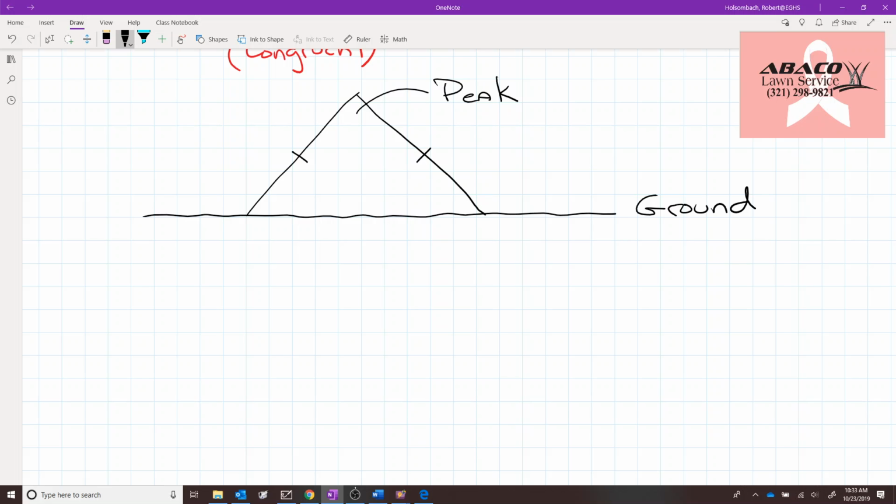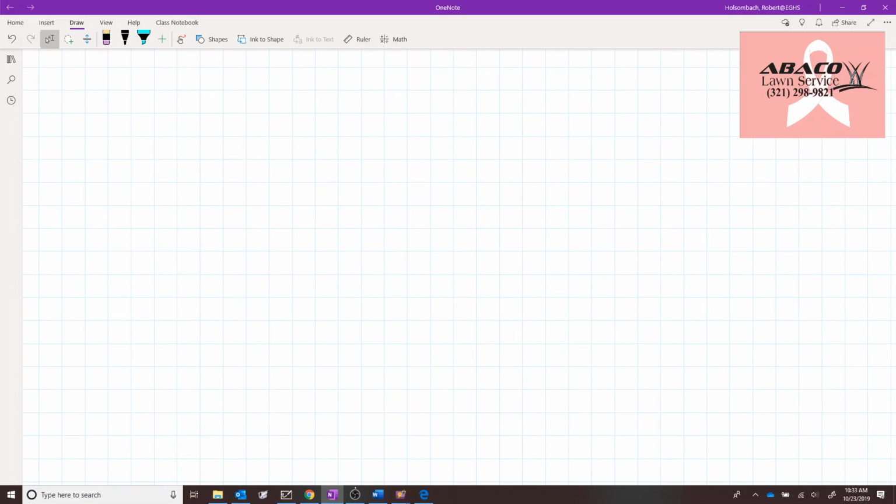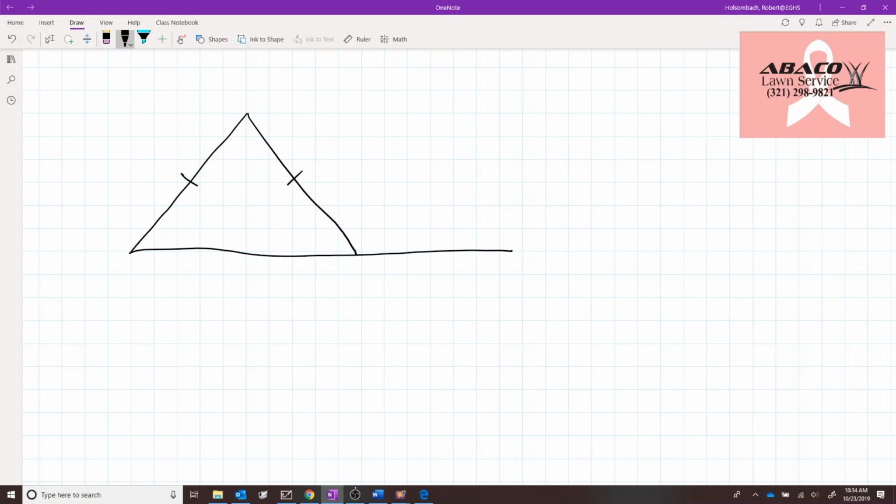Now, there's a problem in your assignment today that looks like this, where you're given an isosceles triangle, you're given this angle, and you're given an exterior angle.